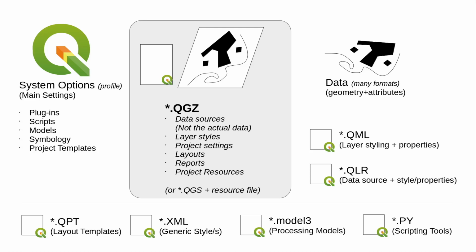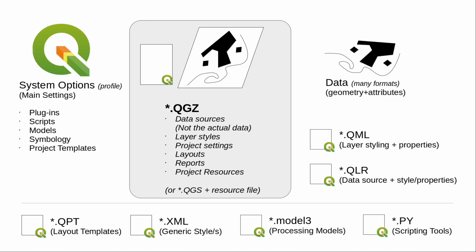the qgz file. It will contain data sources, but not the actual data. So if you share a project, you have to make sure that the layers that are inside the project are accessible for the person who is opening your project file, either by having it online somewhere or that you also ship the data with the project.